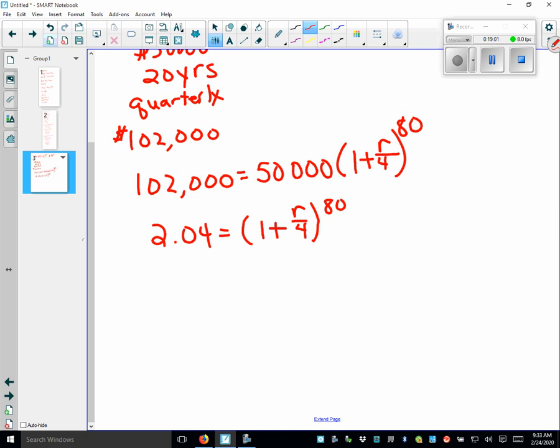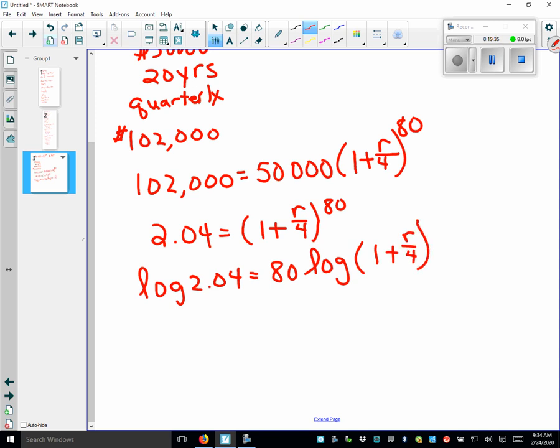Anybody have an idea of what to do now? I need to get rid of that exponent. Do we make it log? Yeah. So log 2.04 equals 80 log of 1 plus R over 4.